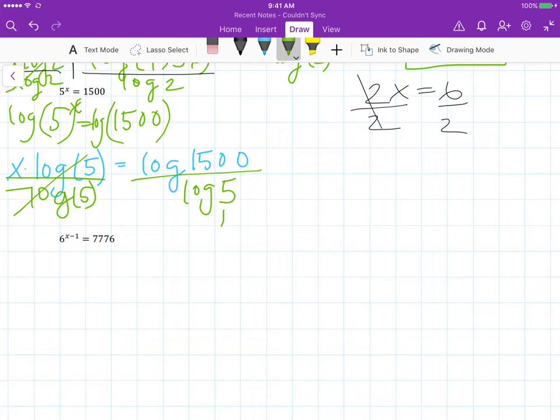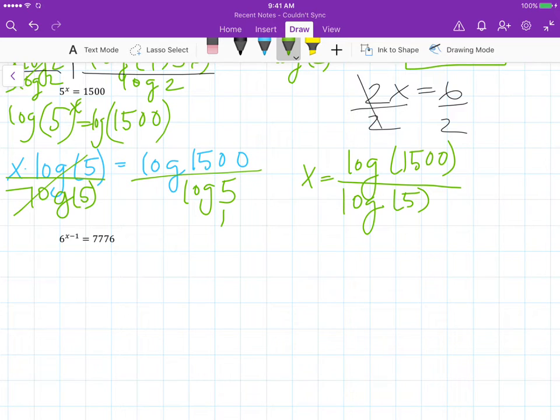And now x becomes the log of 1500 over the log of 5. And if I want to do that in my calculator to get an estimate of the decimal point, that should be 4.5439-ish. So that's x.